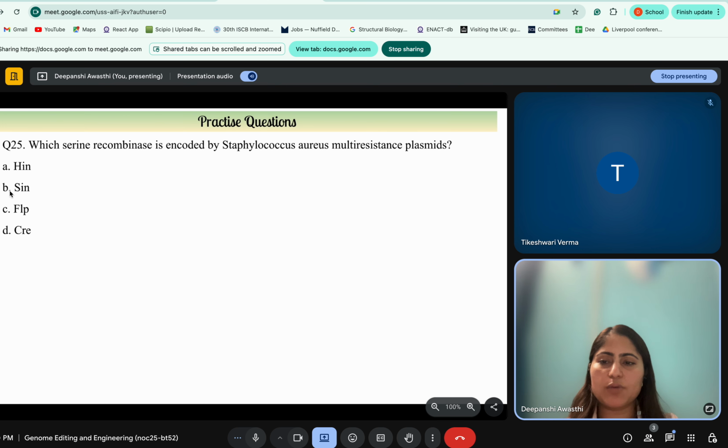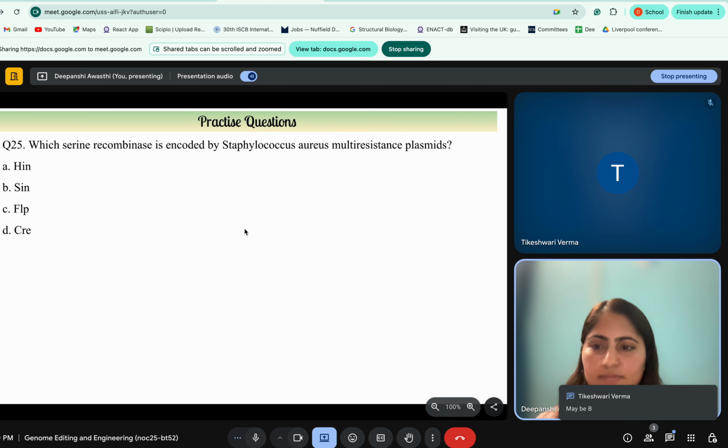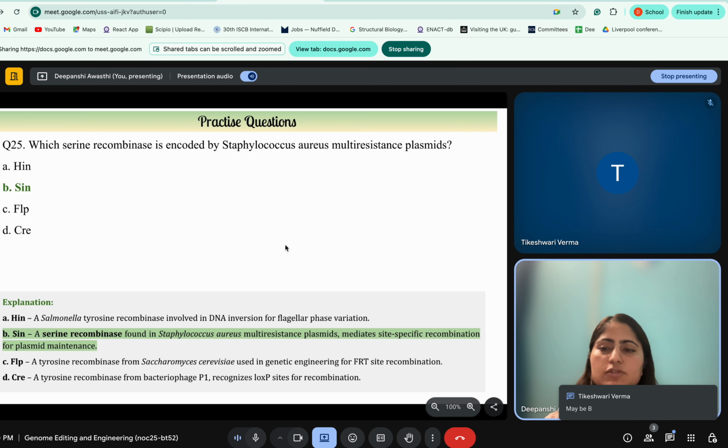Option A Hin, option B Sin, option C FLP, and option D is Cre. Okay, so any guesses? Yeah. So we discussed Sin resolvase, which comes under serine recombinase only.